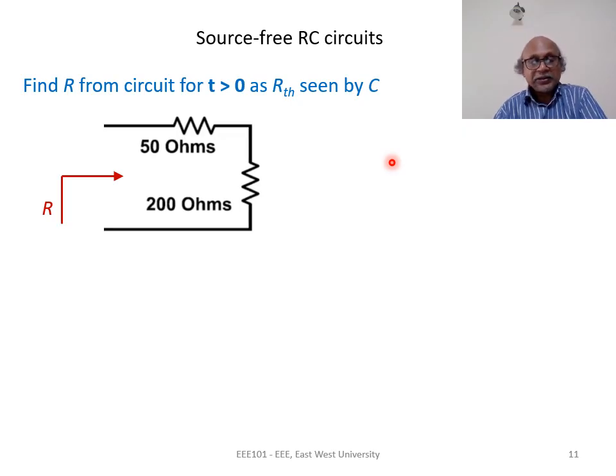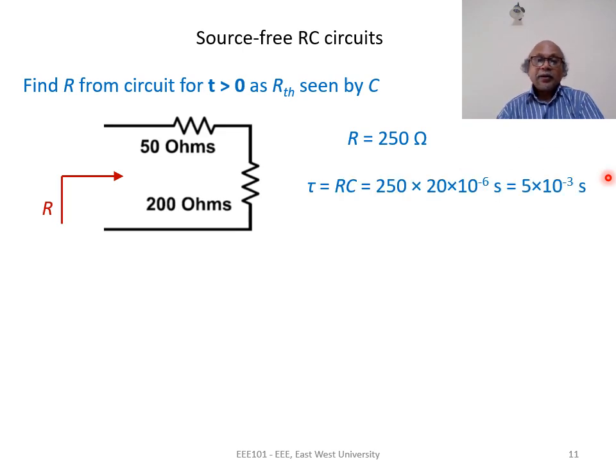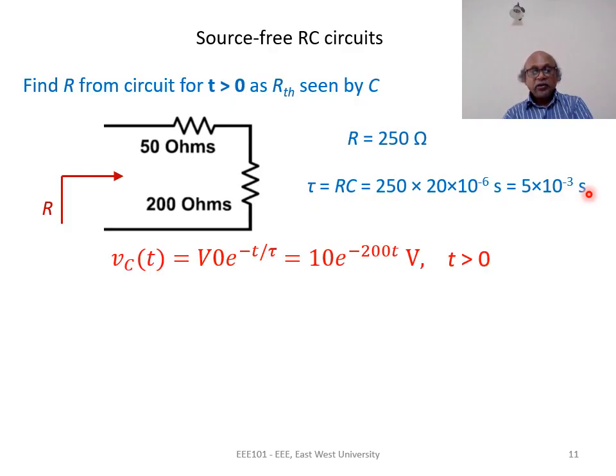The two resistances are in series, so R is equal to 250 ohms. Tau is RC. If we do the calculation, tau is equal to 5 times 10 to the power minus 3 seconds or 5 milliseconds. We know V0, we know tau. So Vc is given by this expression 10 e to the power minus 200 t volts for t greater than 0.